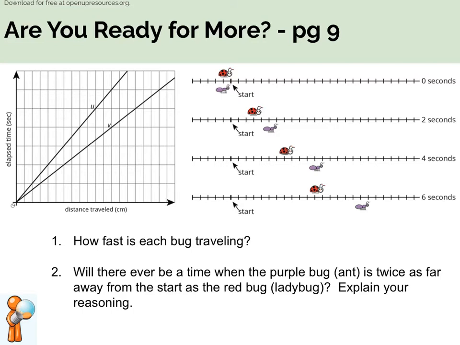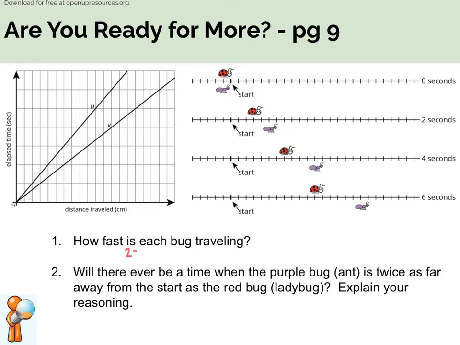So let's look at it. First let's look at the ladybug. Okay, so the ladybug at 2 seconds is 1, 2, 3, 4, because we're looking at the front part of the face. So at 2 seconds, the ladybug is at 4. If we want to write that down, let's do ladybug in red.